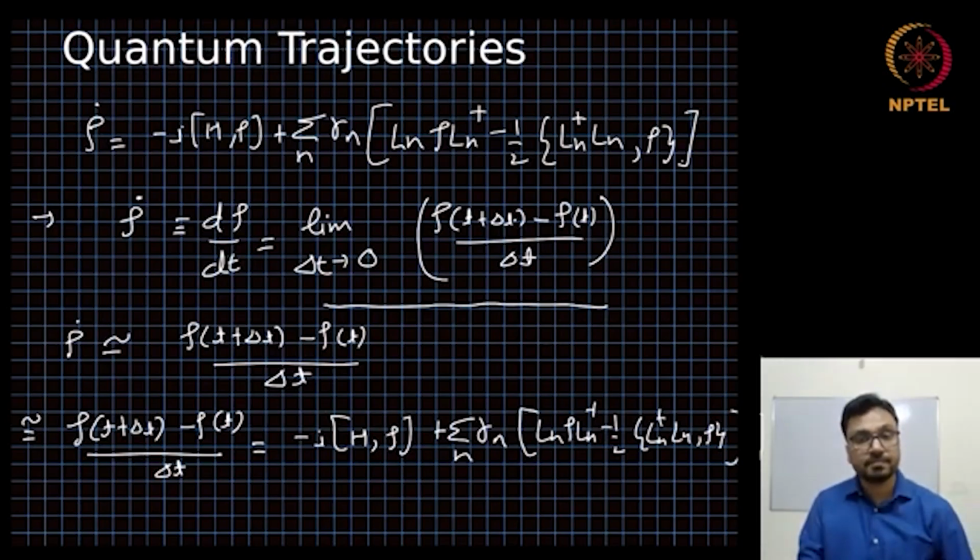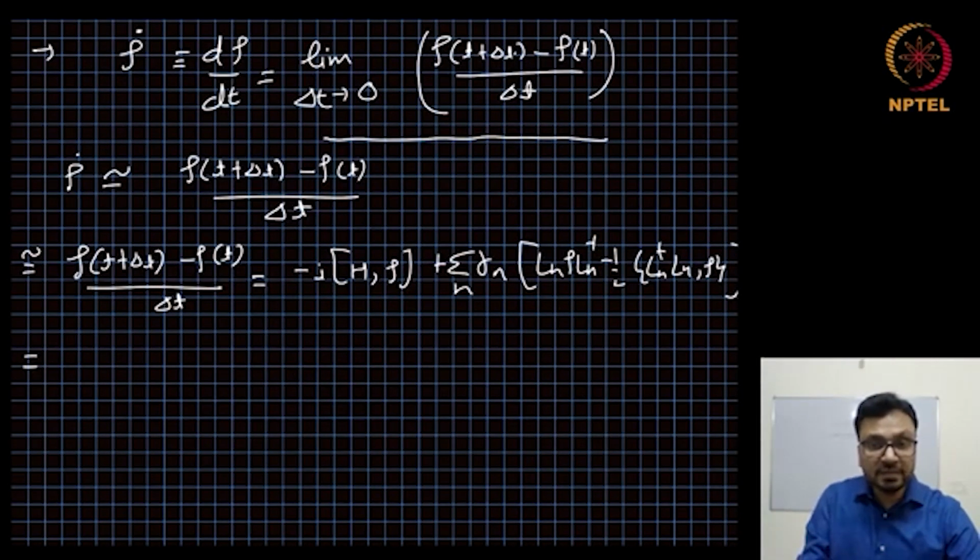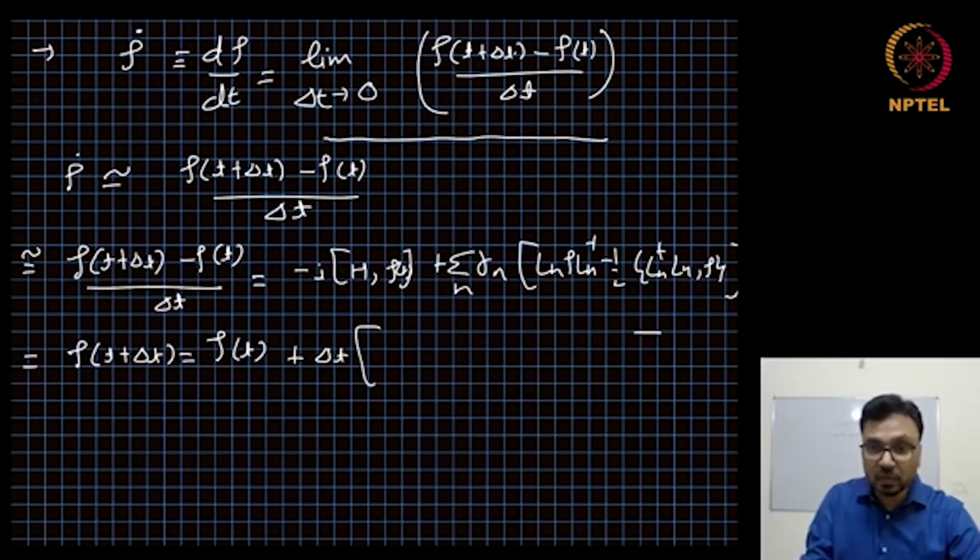Here rho is at time t, not t plus delta t. So from here we can write rho at t plus delta t as rho of t plus delta t times the whole of the right hand side.